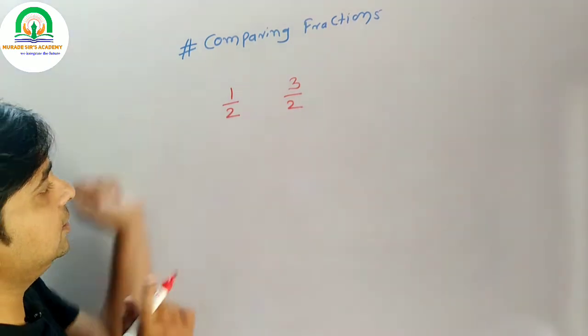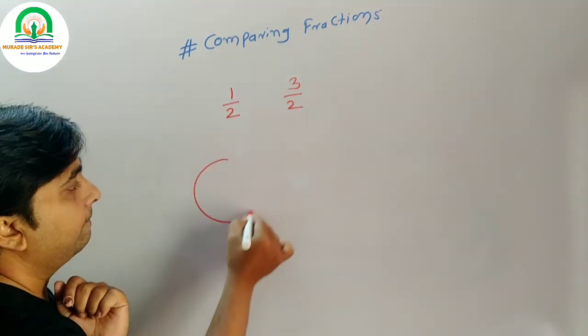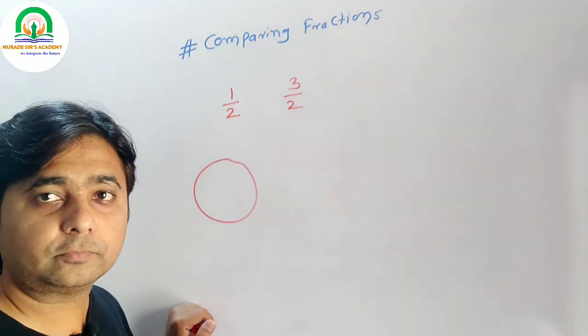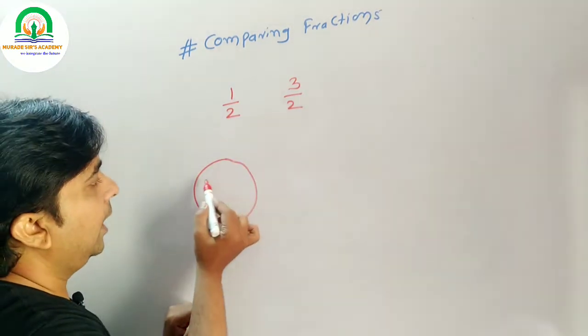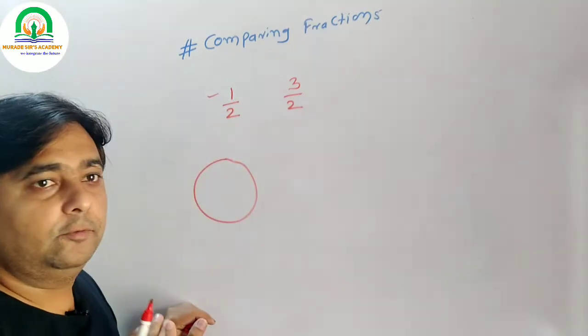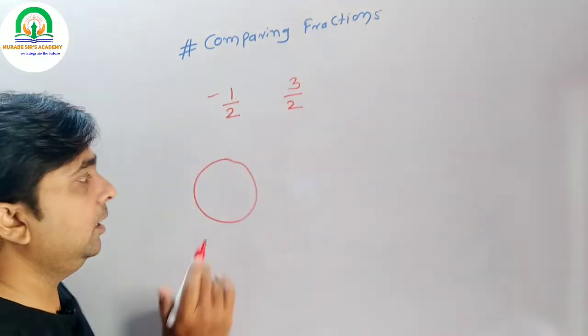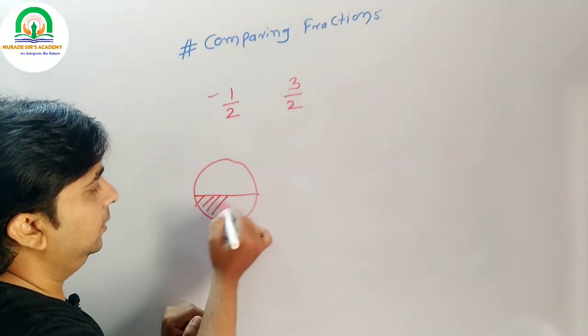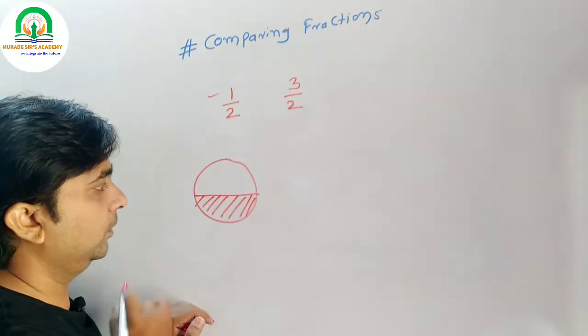Consider this is 1, meaning 1 roti. You have been given 1 roti. From that you took half a roti, meaning you ate half a roti.